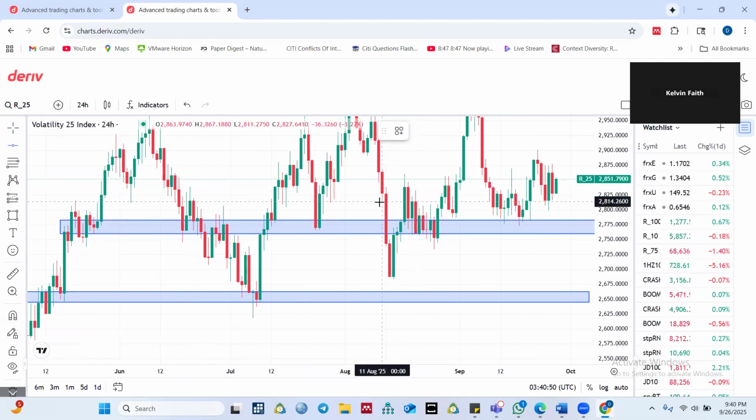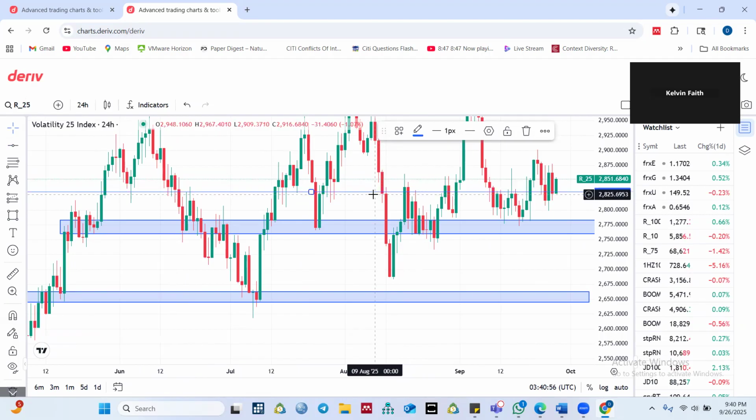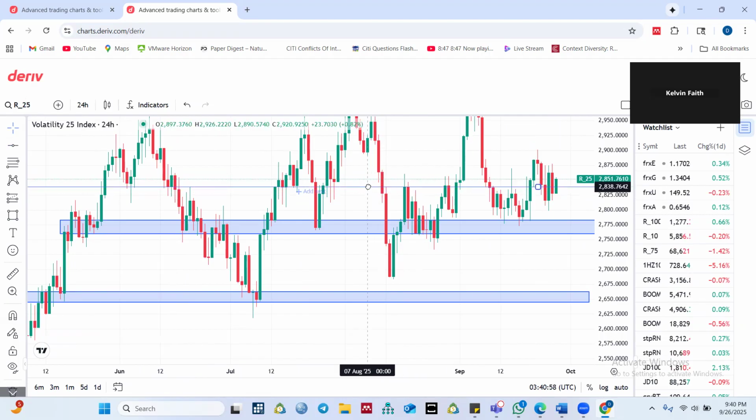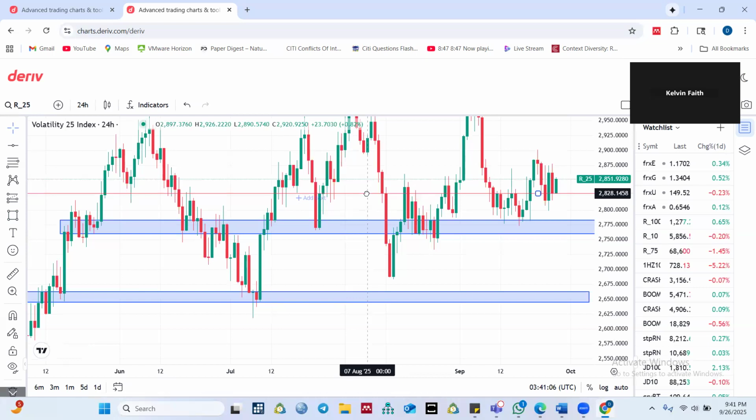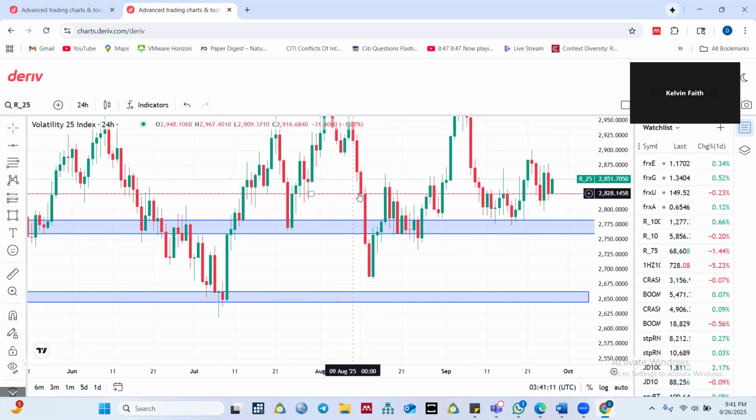I think somewhere here. Yeah, off this place. It means off here, price wants to sell. So that move started from here. Good. Off this place, price wants to sell.